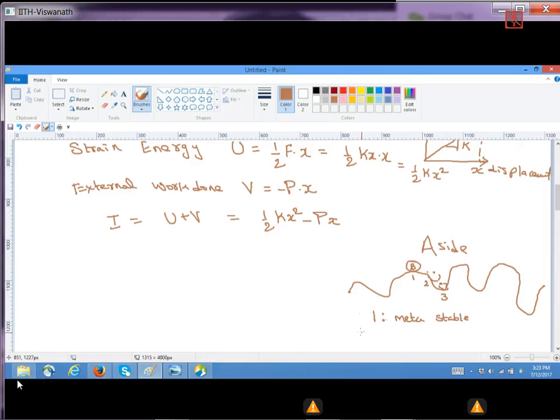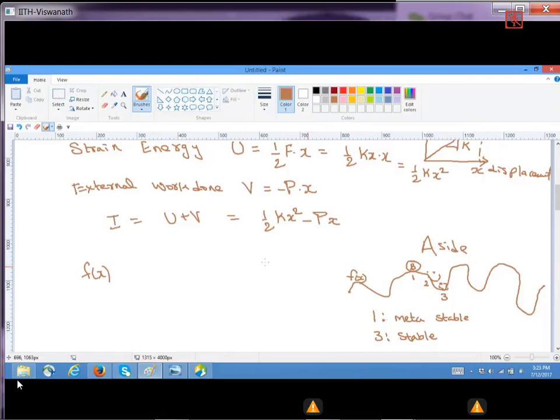Further, position 3 is stable because it is in a valley. So that means, let me write a function, this is f of x.